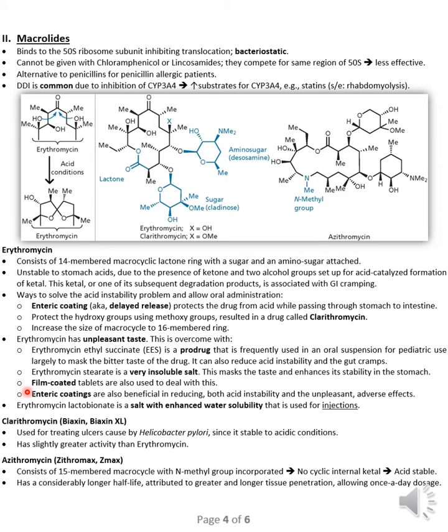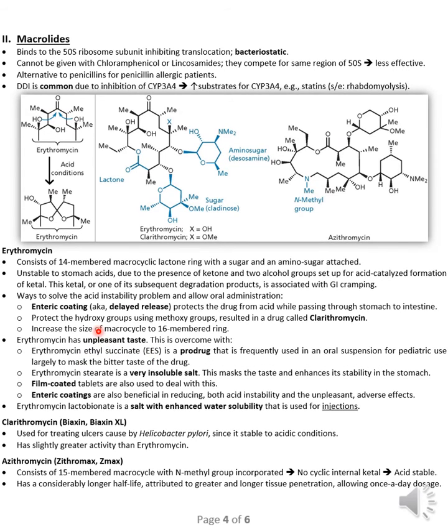The enteric coat would serve the purpose of protecting the erythromycin from the acid and also mask the unpleasant taste. The other way to take care of the unpleasant taste is by designing a prodrug such as erythromycin ethyl succinate.